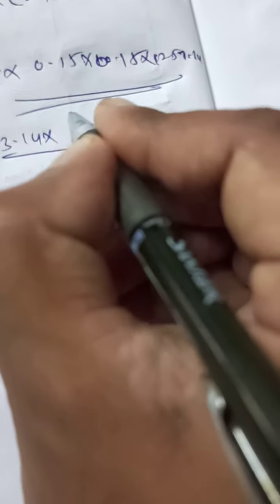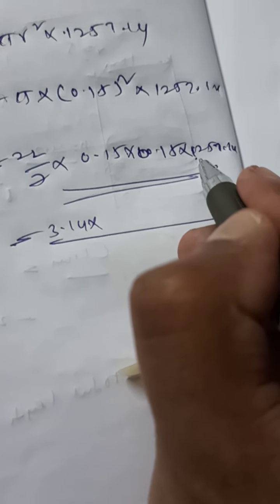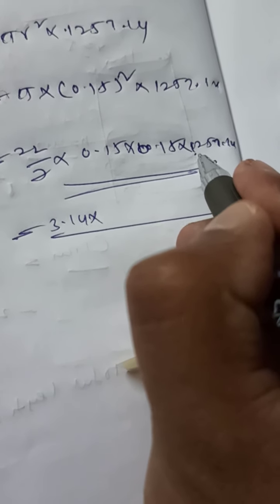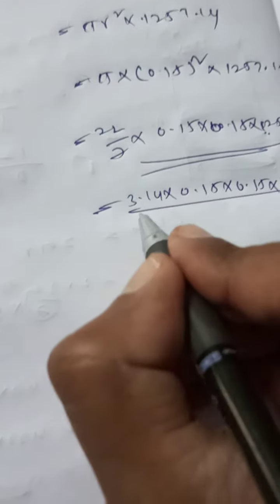Is there any chance of cancellation? No. So if you multiply all of these, this will be 3.14, otherwise 7 ones are 7, and so on. 3.14 into 15 into 15 is 225, so 0.15 into 0.15 into 1257.14.